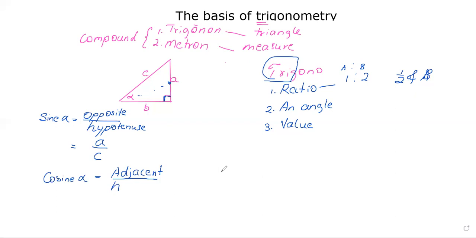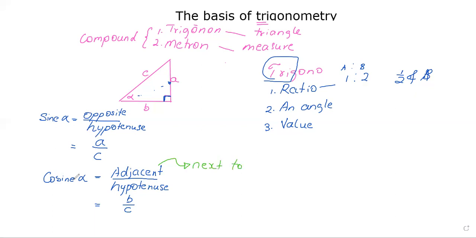The adjacent side to alpha is B, hypotenuse remains C. Now, the word adjacent means next to.